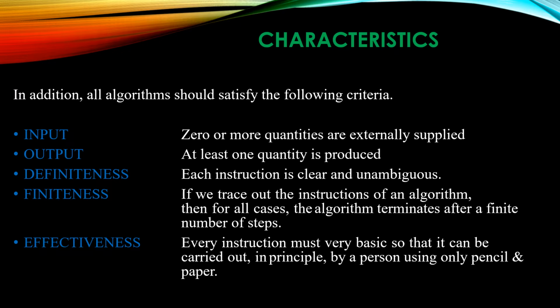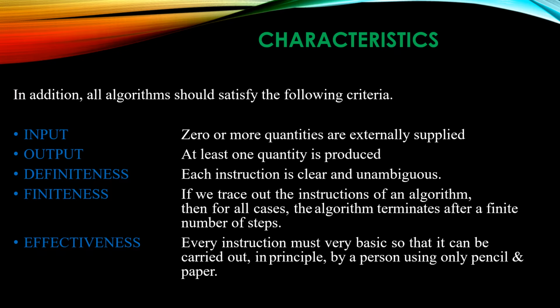Input means that in any algorithm, zero or more quantities are externally supplied to the algorithm. Output is the second criterion. At least one quantity is produced as an output.